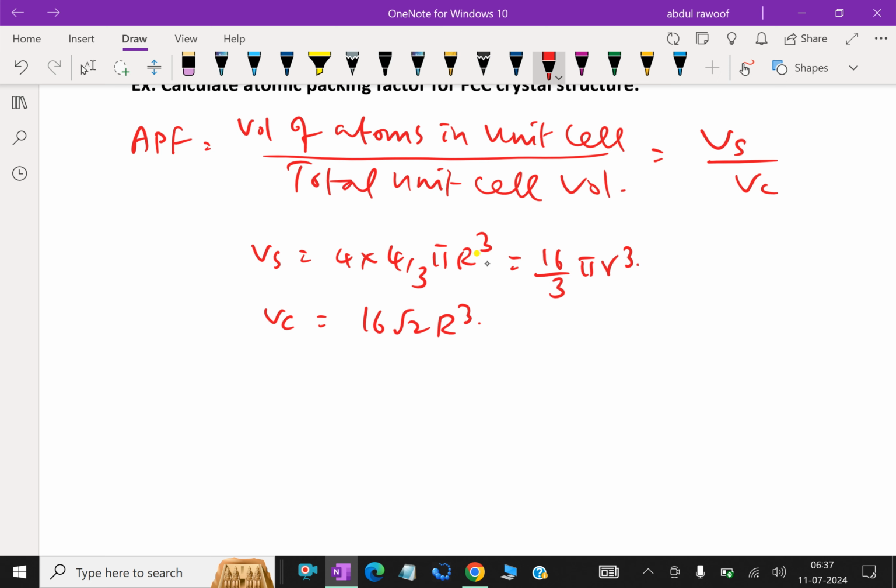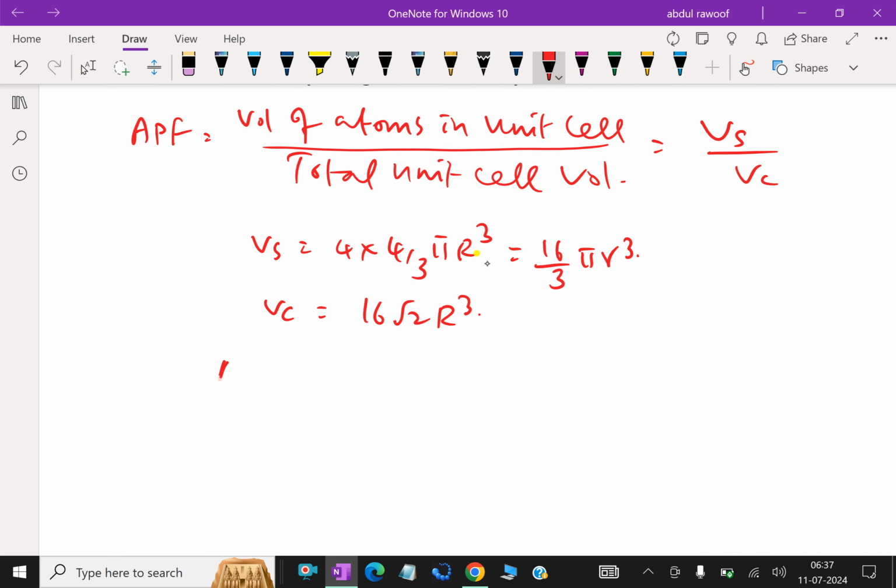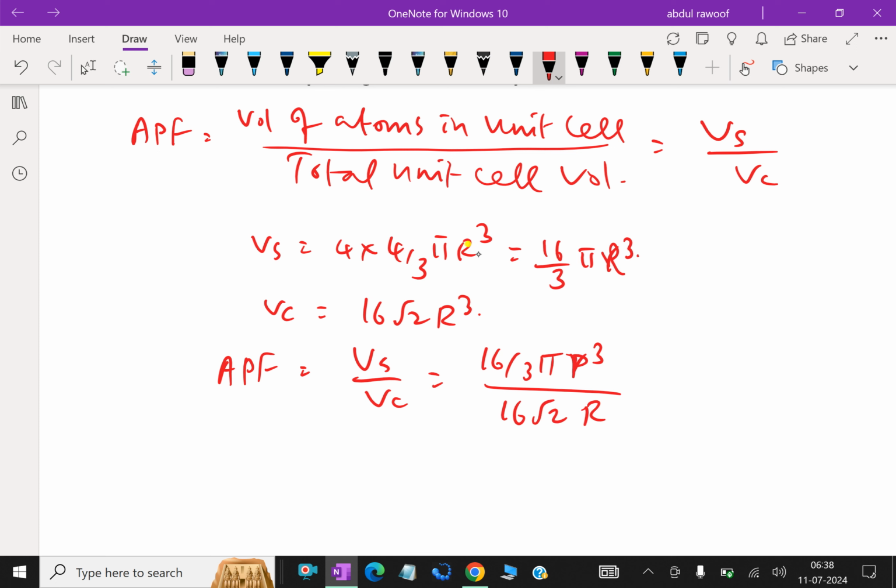Then atomic packing factor APF equals Vs by Vc, which equals 16 by 3 pi r cubed, that is capital R, you can use it, over 16 root 2 r cubed. The r cubed cancels, and the 16 also cancels.